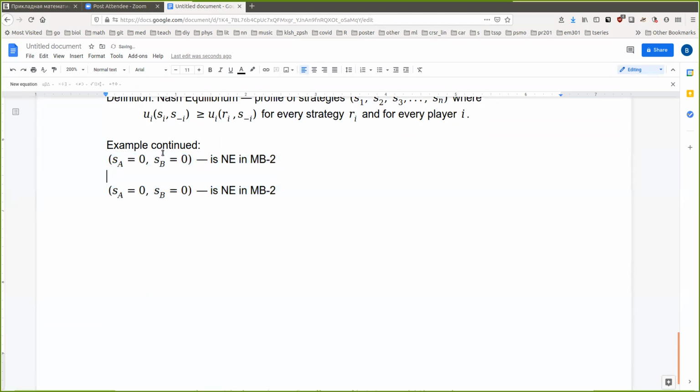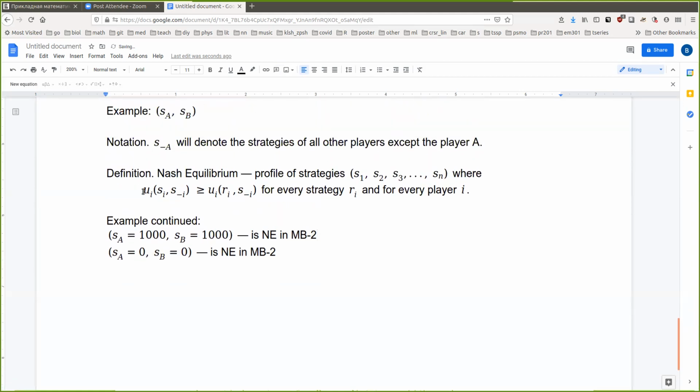And if every player chooses 100, then it's a Nash equilibrium in Magic Box 1. It's easy to check, yeah? Let's check, for example, that 0, 0 is a Nash equilibrium in Magic Box 2.